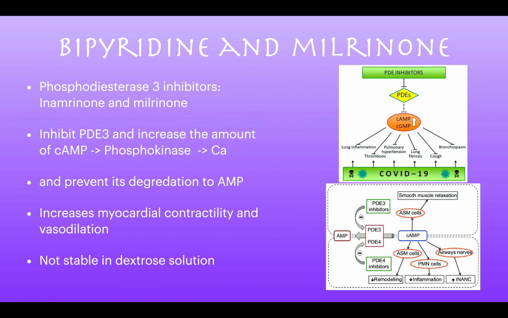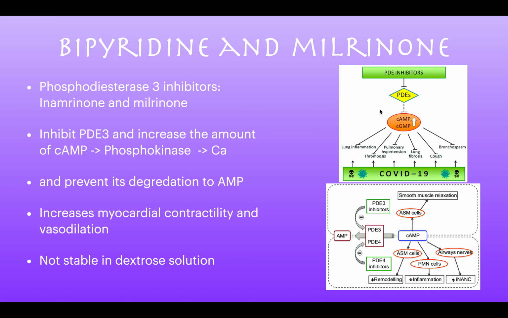Phosphodiesterase 3 or PDE3 inhibitors are inamrinone and milrinone. By inhibiting PDE3, it's going to increase the amount of cAMP, so there's more phosphorylation and more calcium. It's going to prevent the cAMP degradation to AMP. So more cAMP around, more protein kinase, more calcium, more contractility, more vasodilation. However, it's not stable in a dextrose solution, so it's a pretty sensitive or fragile solution.